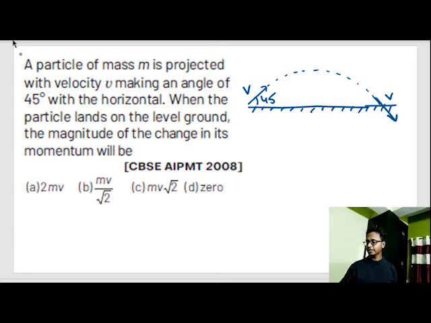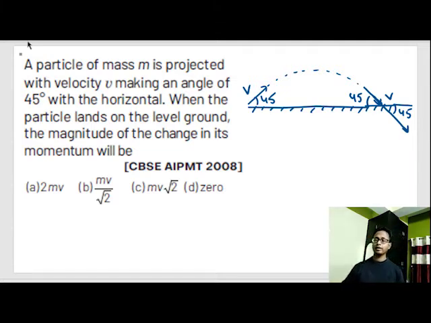If this is angle 45, then this angle is also 45, because a projectile motion is symmetric in the vertical component.